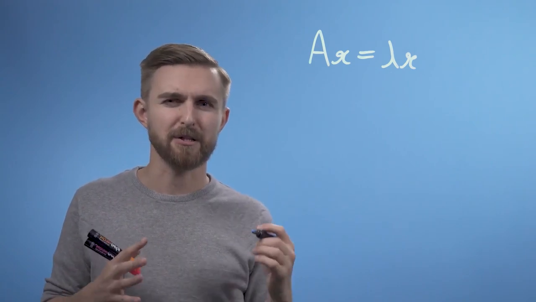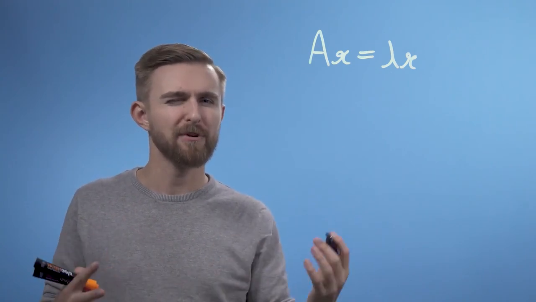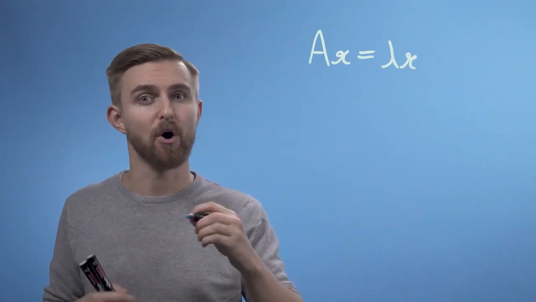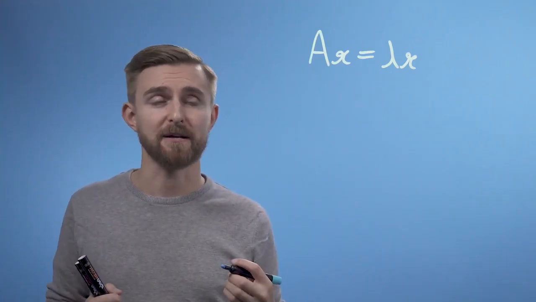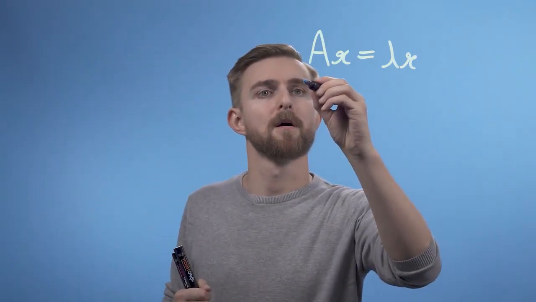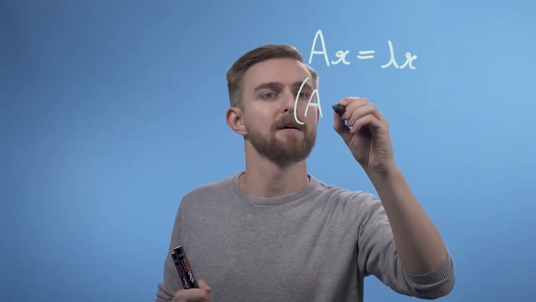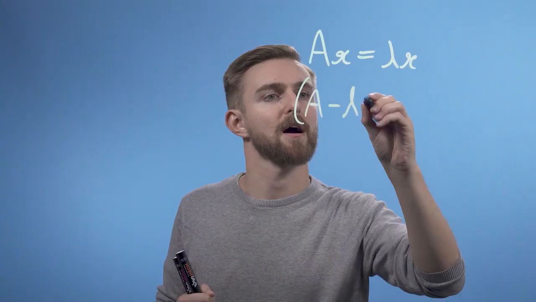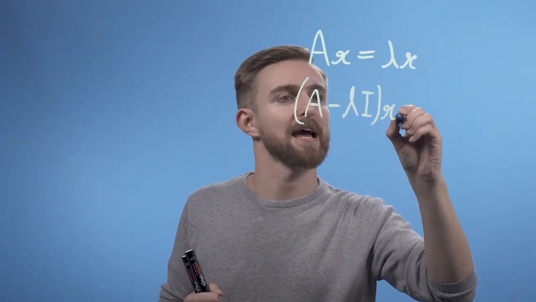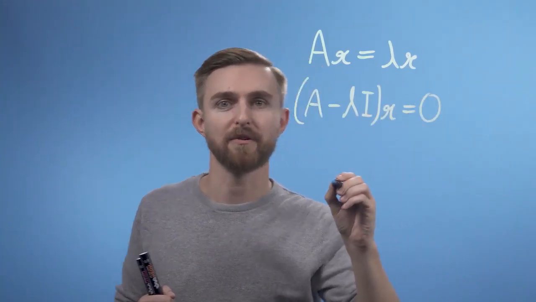To help us find the solutions to this expression, we can rewrite it by putting all the terms on one side and then factorizing. So, A minus lambda I times x equals 0.